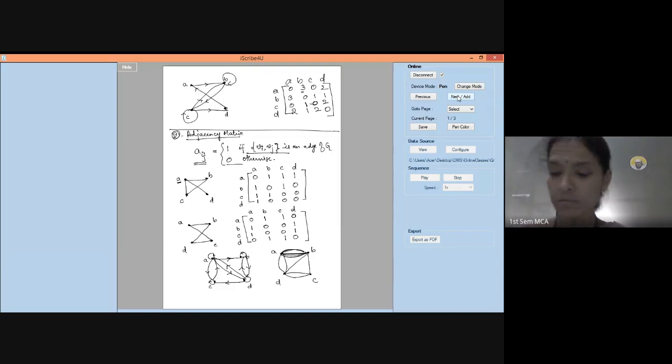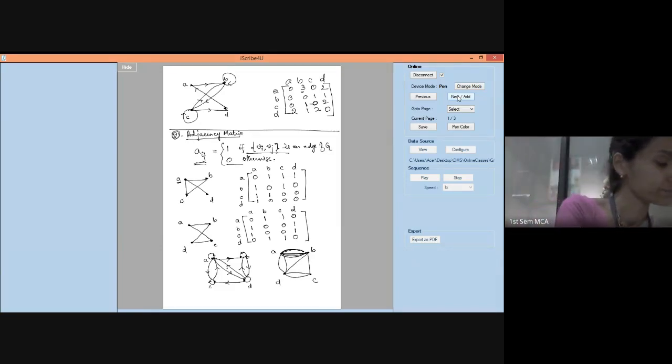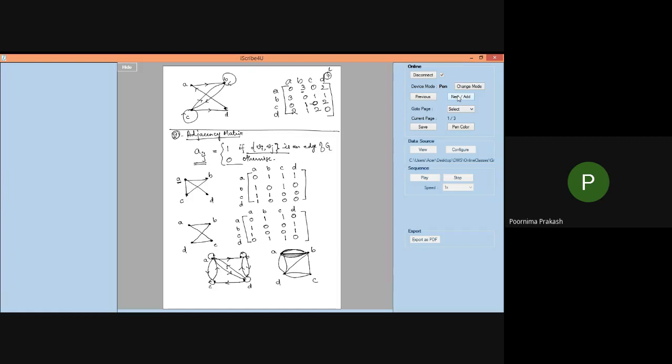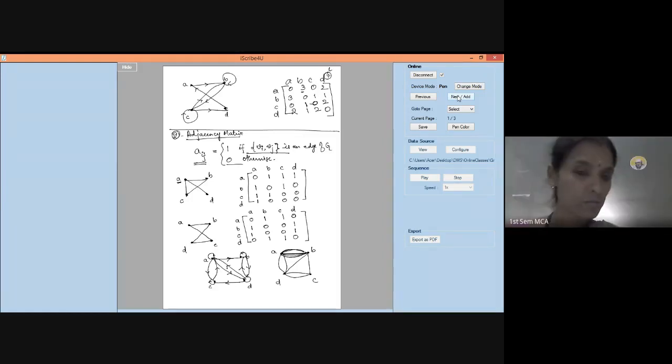Any doubts, anyone so far? Ma'am, can you tell the answer for the directed graph?